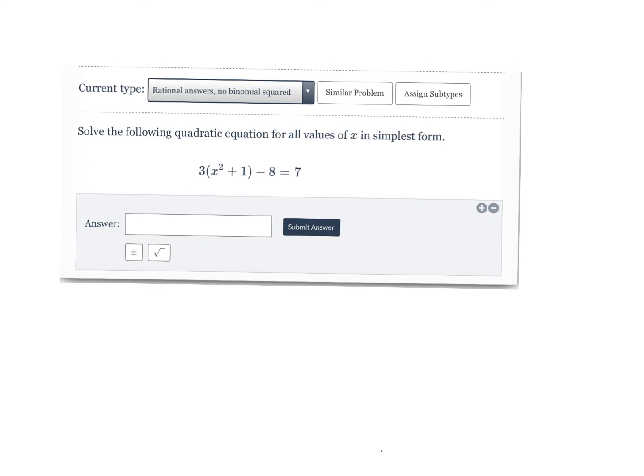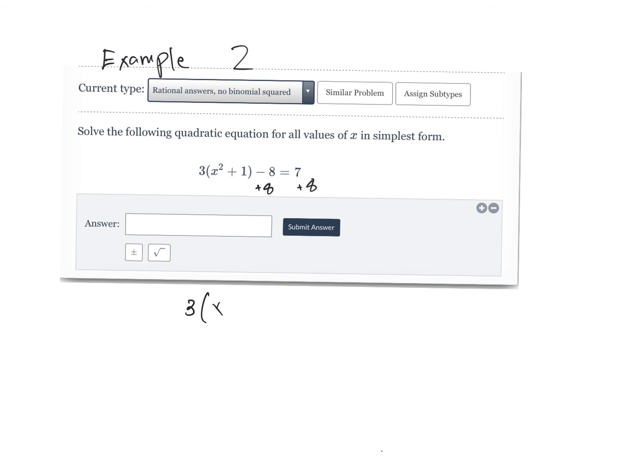Example 2. And I think that should be it. All right, this one, again, solve the following quadratic equation for all values of x in the simplest form. It's just getting x squared by itself. Don't distribute the 3. Let's add 8 on both sides.